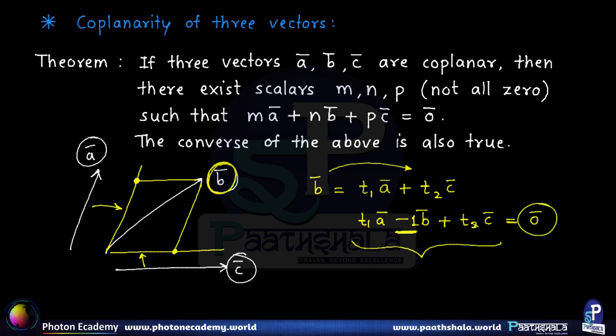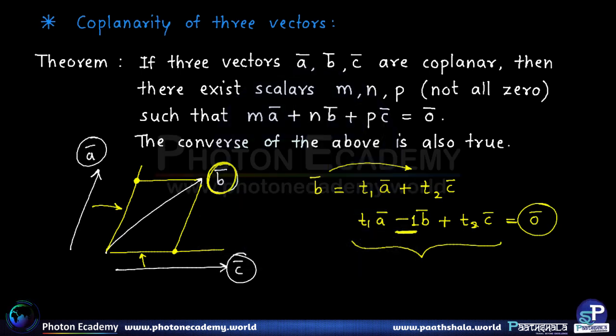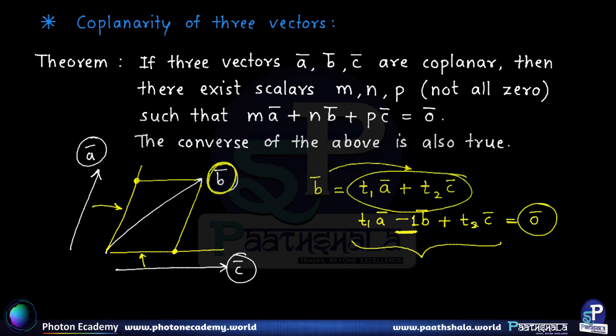So therefore it proves the statement. Now the converse of the statement can also be easily proven, that is out of the three scalars, let us assume arbitrarily that one of the three scalars is not 0, and hence we can express one vector as a linear combination of the remaining two, proving that they must be all lying in the same plane, right?